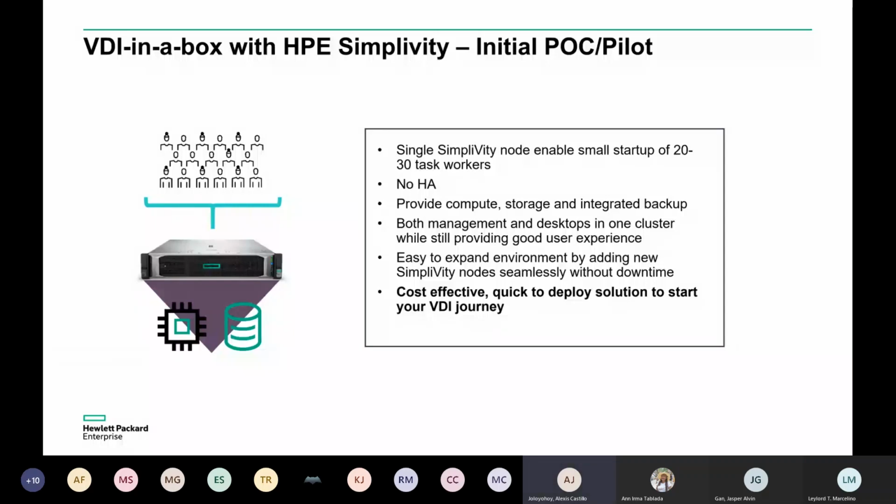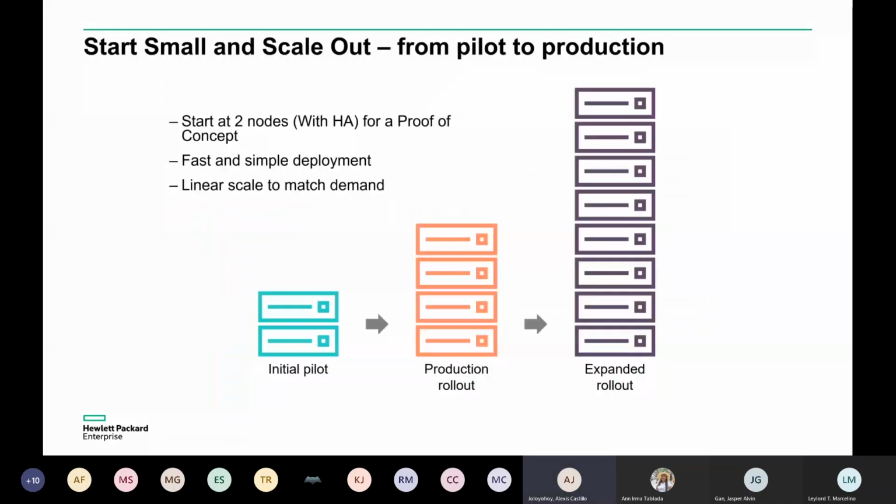So it is cost-effective to manage and quickly deploy the solution. After you do a pilot, we can go to 2 nodes for HA, and we can add more without disruption. So we can start small and go from pilot to production. It's a very fast and simple deployment. In terms of linear scale, whenever we add a node, the performance also scales linearly. It's very simple to expand the cluster.